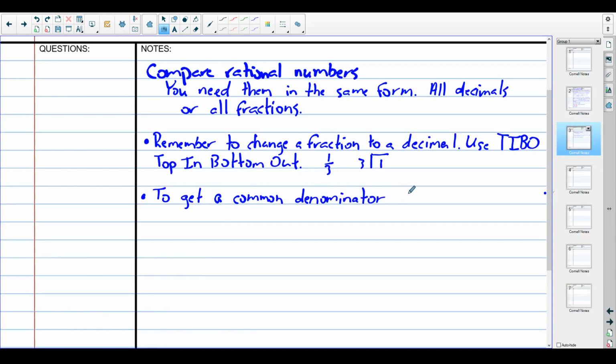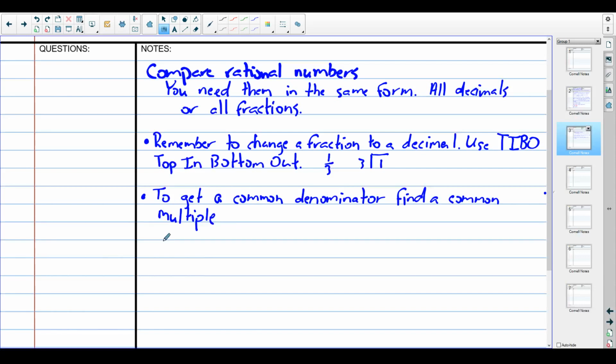To get a common denominator, find a common multiple. And something to note here is we don't say least common multiple. I mean, you always could, sometimes preferable, but not necessary. You just need some common multiple.